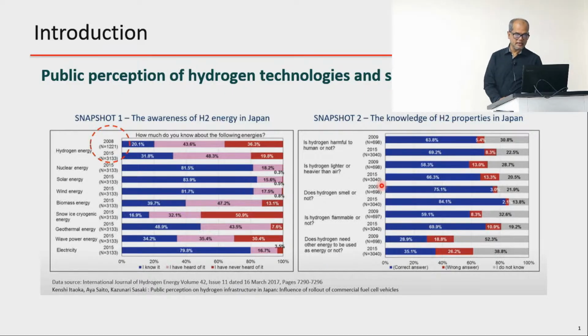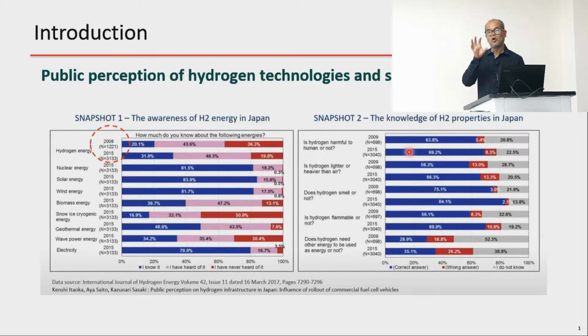But here also it depends on the cohort. They conducted the survey, but I believe it is more of a survey of people who already know about hydrogen technology, otherwise they can't answer, right?